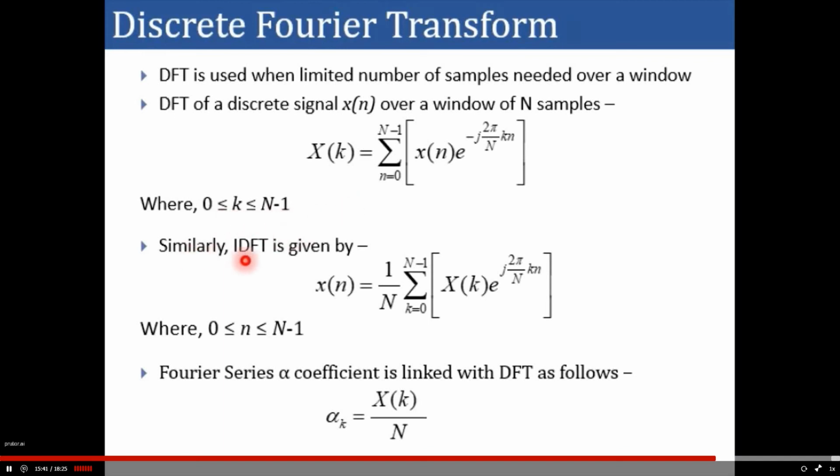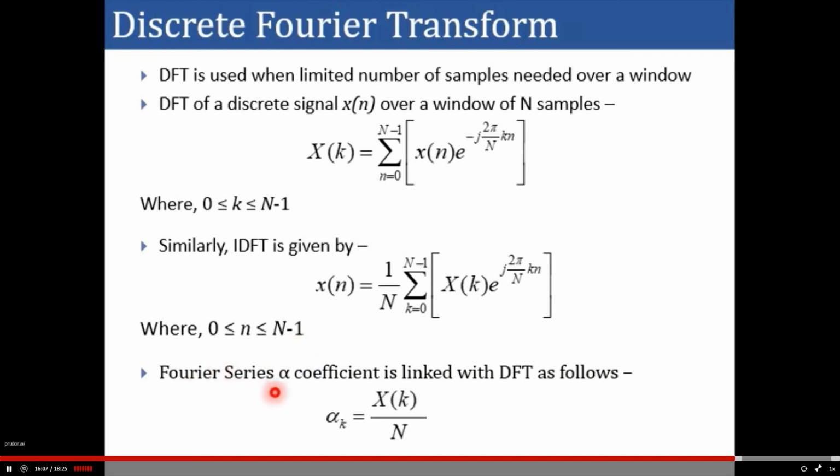Similarly, IDFT, that is inverse discrete Fourier transform, can be defined as x(n) equal to 1 upon N summation over k equal to 0 to N minus 1 of X(k) e to the power j 2 pi by capital N k n, where n now ranges between 0 and capital N minus 1.